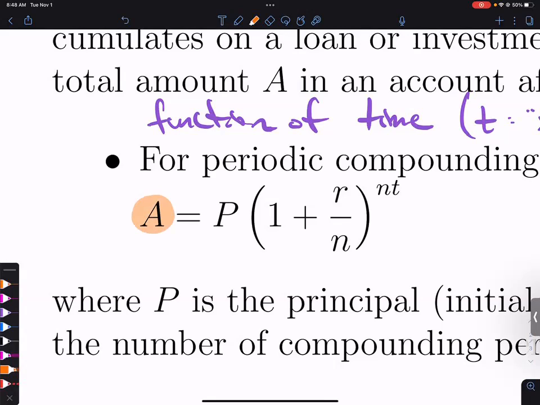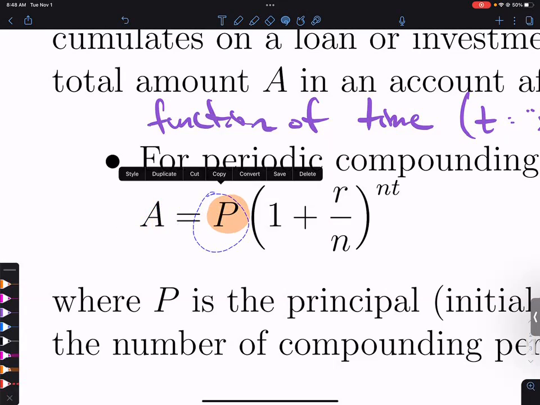The answer from that formula is how much you have now. P is the principal. That's what you started with, so if I deposit $1,000 at the bank, that's P. It makes sense that's where it shows up because you take that and multiply it by this exponential thing, which tells you how much it has changed.